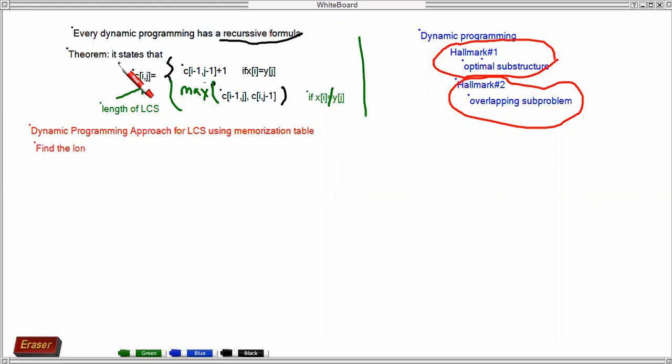Find the longest common subsequence among two sequences.